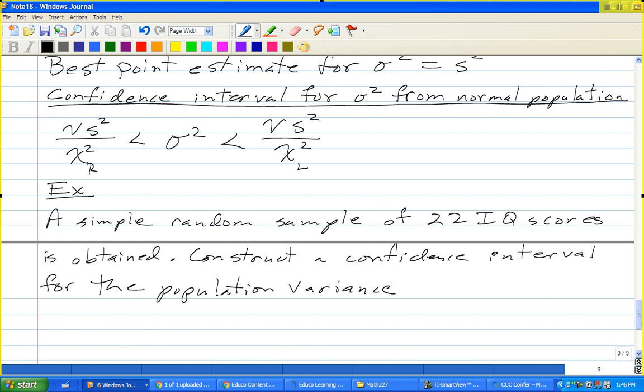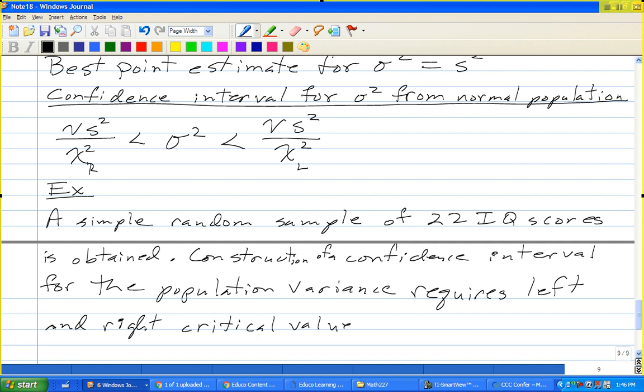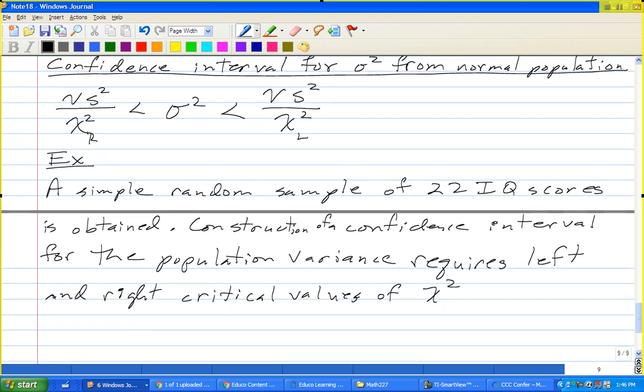Oh, no, it says construction of a confidence interval for the population variance requires left and right critical values of chi-squared. In this case, we're going to do it for a 95% confidence interval.